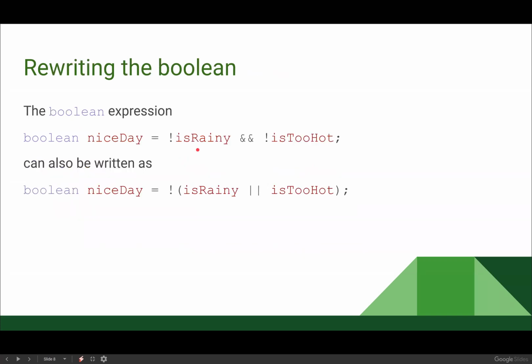So we can actually rewrite this Boolean expression from not is rainy and not is too hot. We can rewrite that as not is rainy or is too hot. So what we're doing is we're kind of pulling the not out of both, and we're swapping the and to an or.